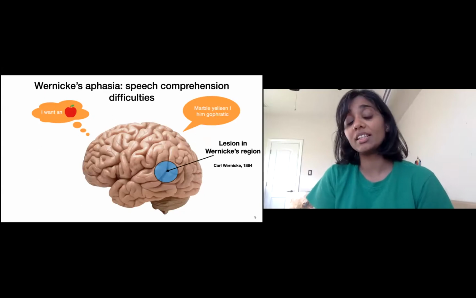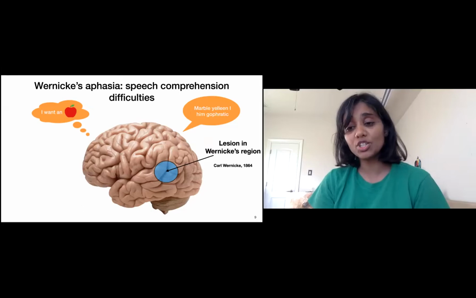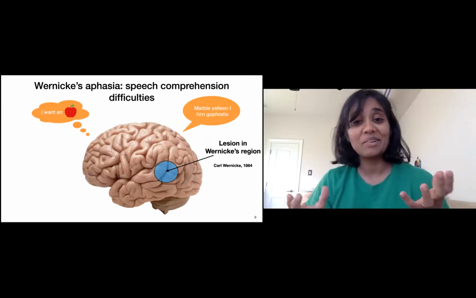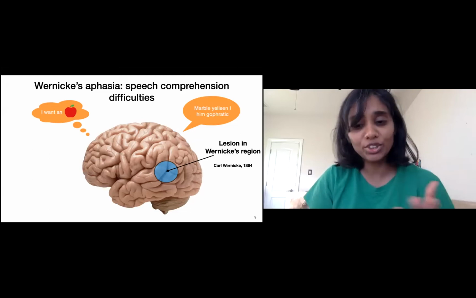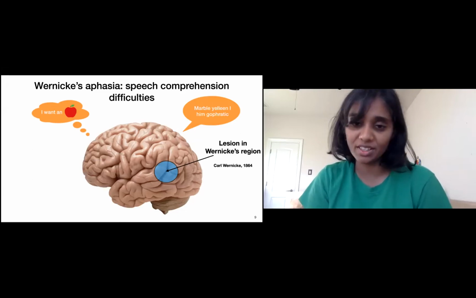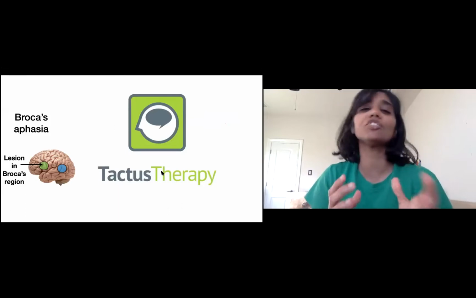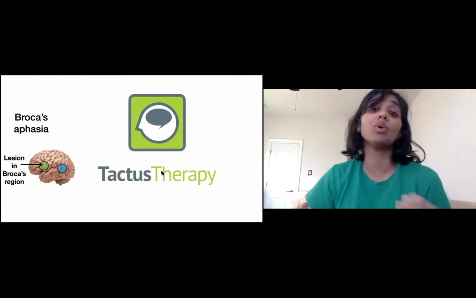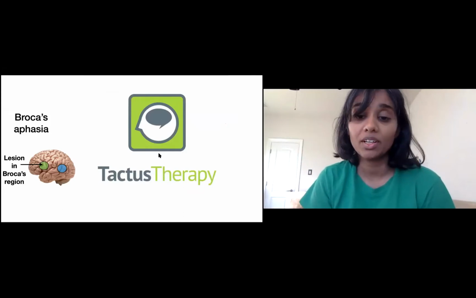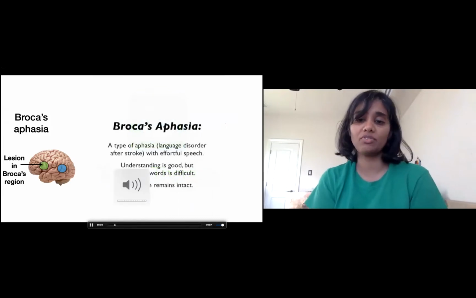On the other hand, with a lesion in the blue region of the brain, such a person talks beautifully, smoothly, but utters garbage. I'm going to show you an example of these two aphasias, just so you get a sense of what kind of people we hope to help eventually, not immediately, maybe down the line. So here's a video of a guy with Broca's aphasia.